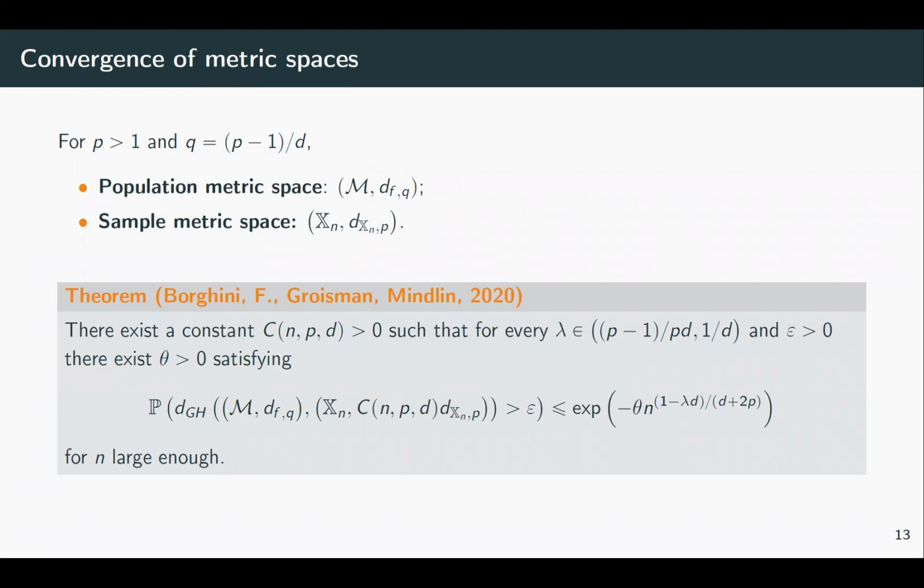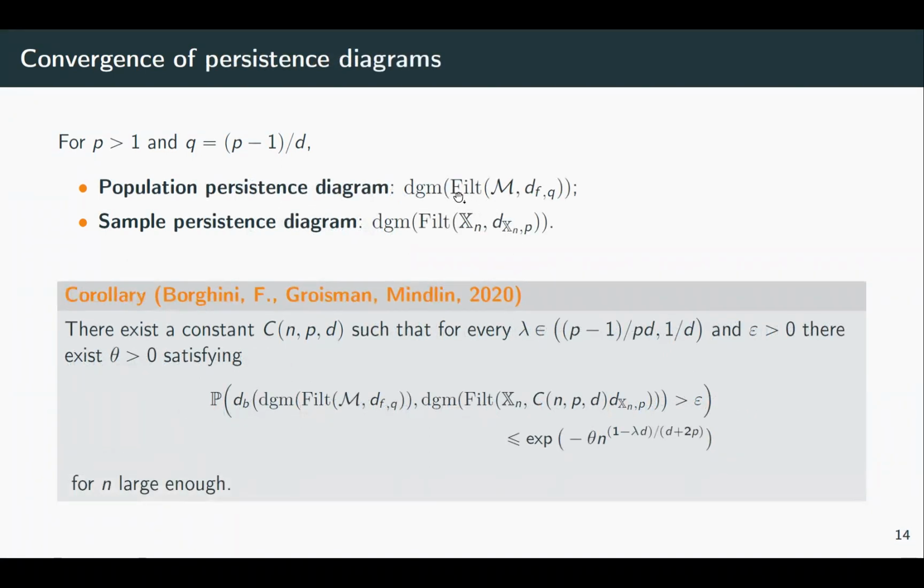And moreover, if you're interested in the persistence diagrams, you probably recall the stability theorem for persistence diagrams that makes a relationship between the infinity Wasserstein distance between the diagrams and the Gromov-Hausdorff distance between the metric spaces. So as a consequence of this theorem, you have the diagrams associated to the original manifold and to the sample, and you also have convergence of the diagrams.